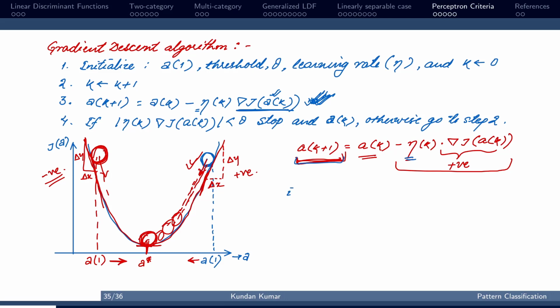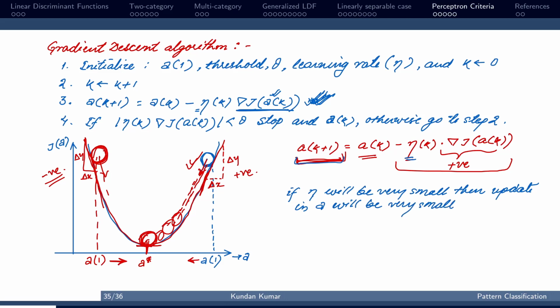So if eta is very small, then the update in the weight will be very small, because this is a factor which is multiplied with the negative gradient.